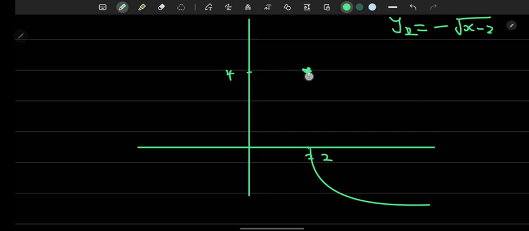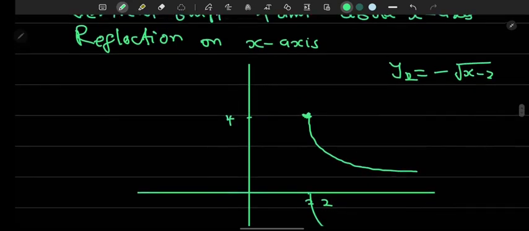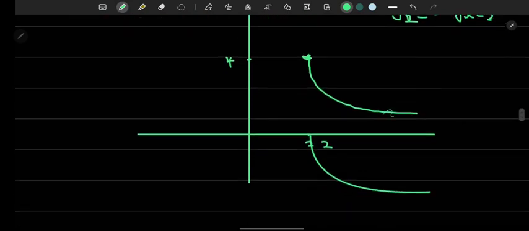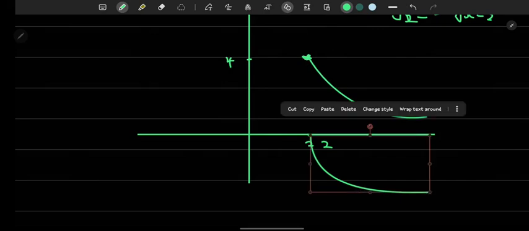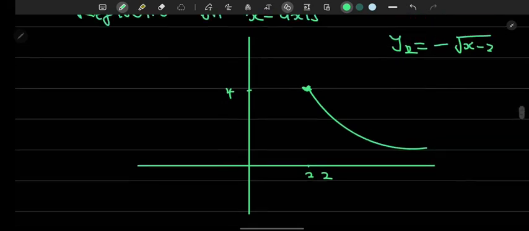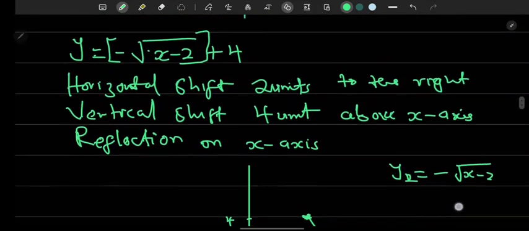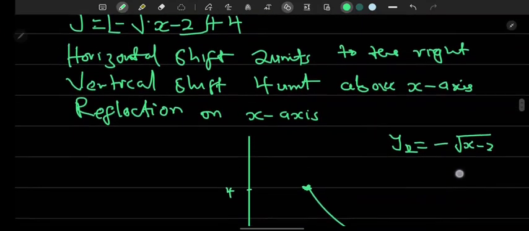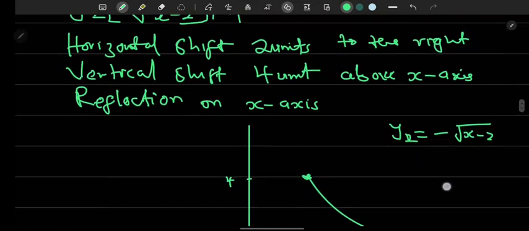So we now have something like this, and of course this will eventually intersect the x-axis. There is a way to find that. So I can remove this now. Let me sketch this again. Okay, so this is the graph for y equals minus square root of (x minus 2), plus 4.